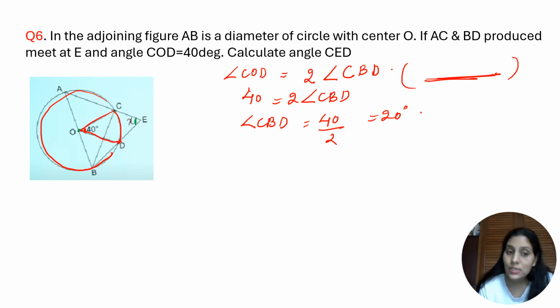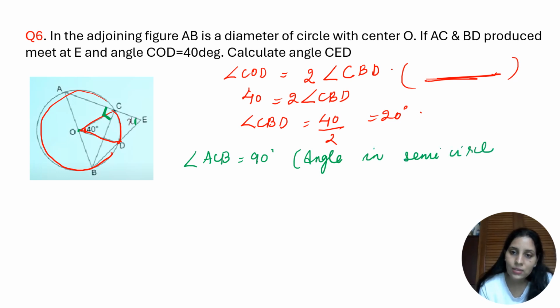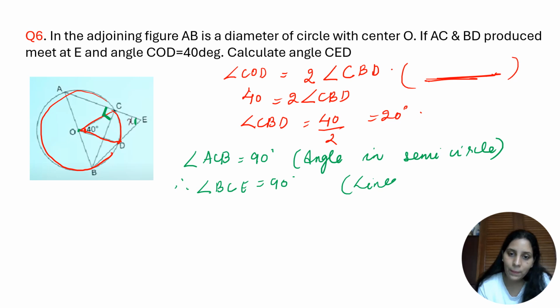Now since O is the center, AB is the diameter, I can write that angle ACB is 90 degrees because angle in semicircle is 90. So if this is 90, therefore angle BCE will also be 90, linear pair, right?